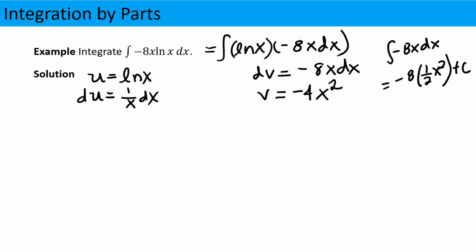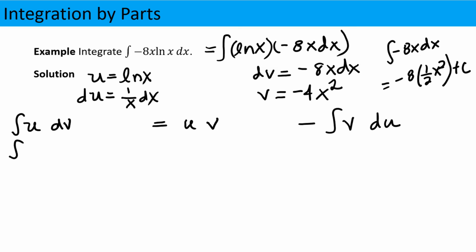Now let's take the integration by parts formula. That's the integral of u dv, and that's equal to u times v. And then we need to subtract the integral v du. Let's replace the u's, v's, dv's, du's in terms of x. So we're going to have the integral of u, which is ln of x, and dv we identified as minus 8x dx.